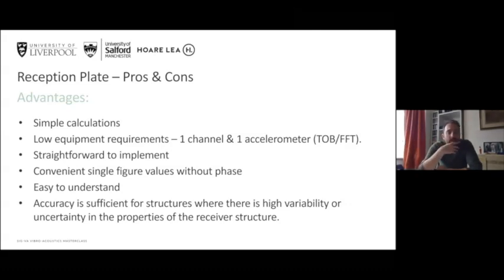And generally what we tend to find is that there's such a broad variation in installations in building acoustics, and there's actually much more uncertainty that comes from the variability of the receiver structure, that the accuracy of the characterization using the reception plate is higher than the variability in the receiver, so it's perfectly adequate for making predictions of structure-borne noise in buildings.